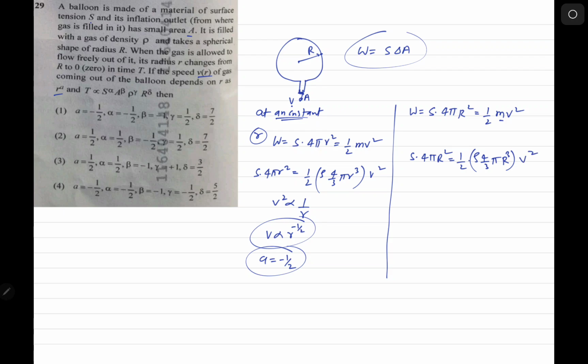We need to write capital A and capital R both, because in the time taken we need capital A and capital R, and A is the area of the smaller one.